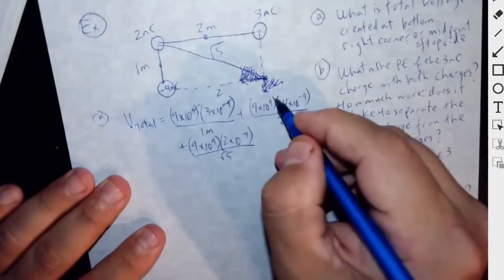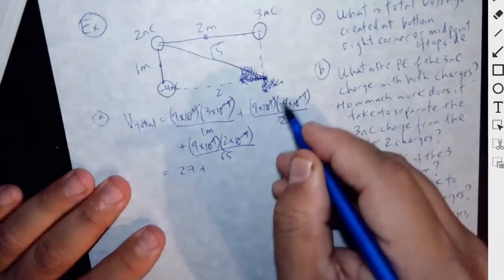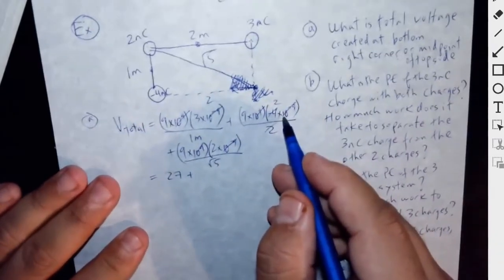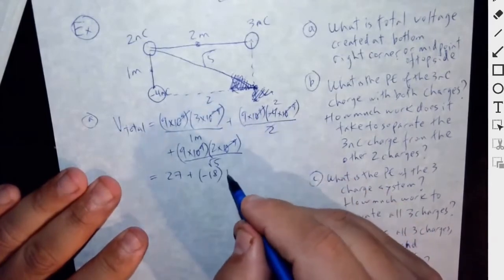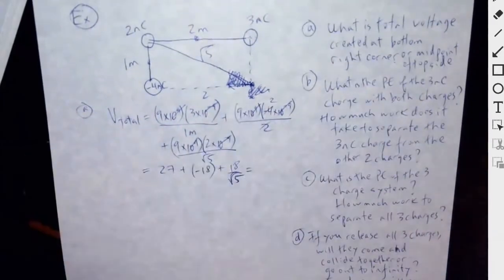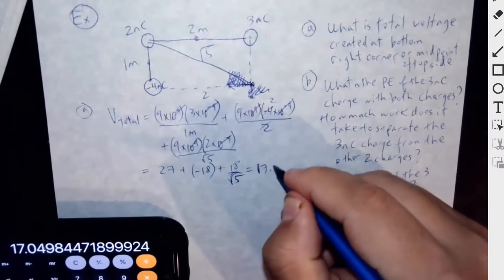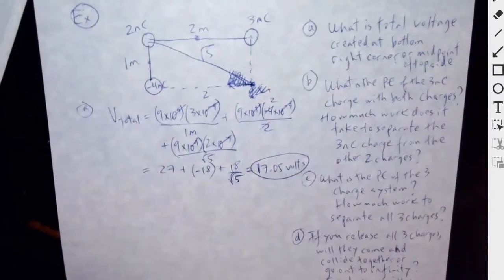Okay, and then this cancels. 27 plus negative 2, negative 18, plus 18 over root 5. Right? 17.05 volts. Okay.